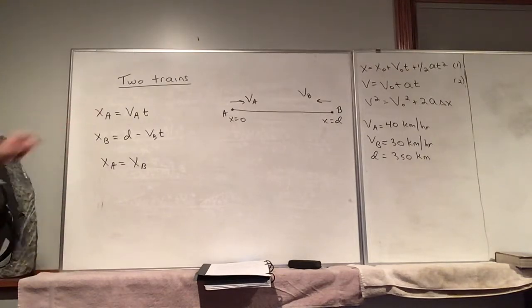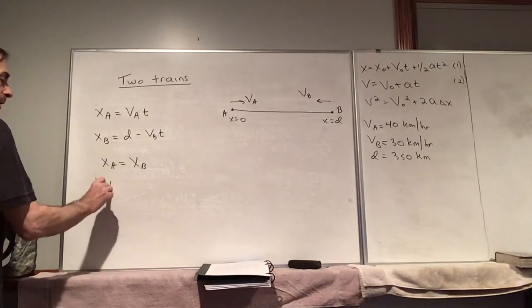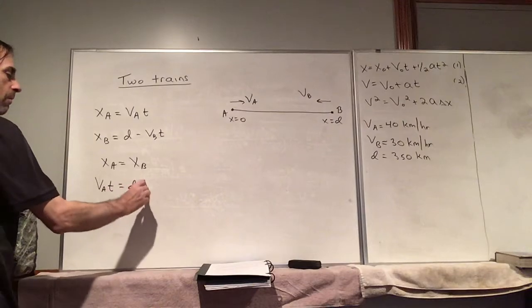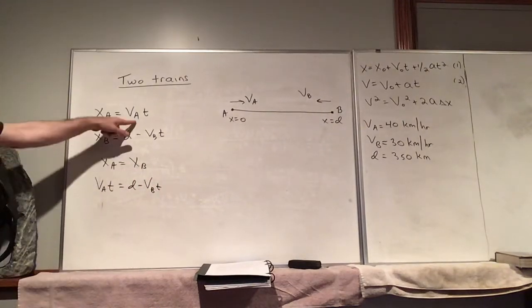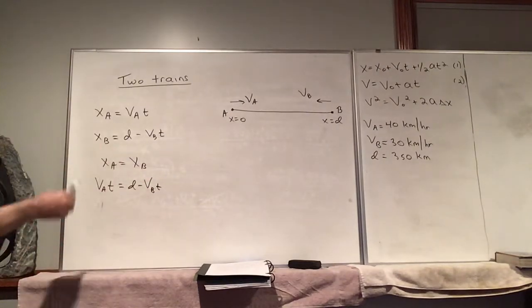And so let's plug this in. We're going to solve for when the trains meet first. XA is VAt. XB is d minus VBt.